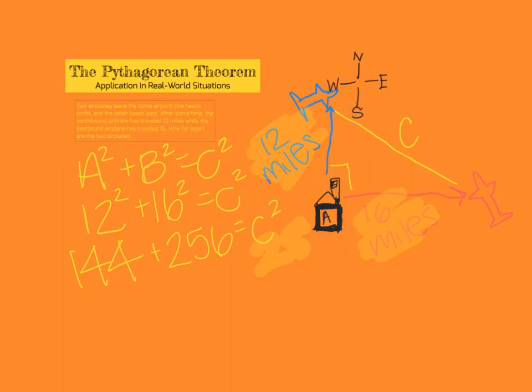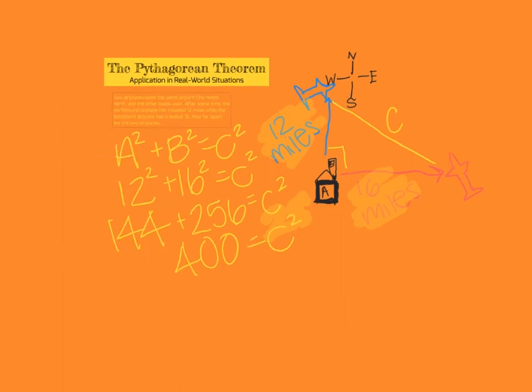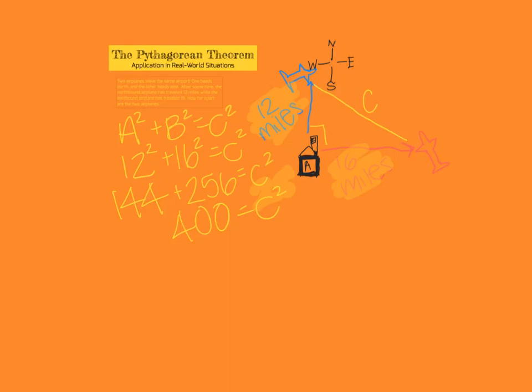So we just need to figure out what c squared is. This is a total of 400. So we know that the area, if we're still thinking about this in literal terms of triangles and squares, is 400. But we know that the square root of 400 is just 20. So c equals 20. Perfect.